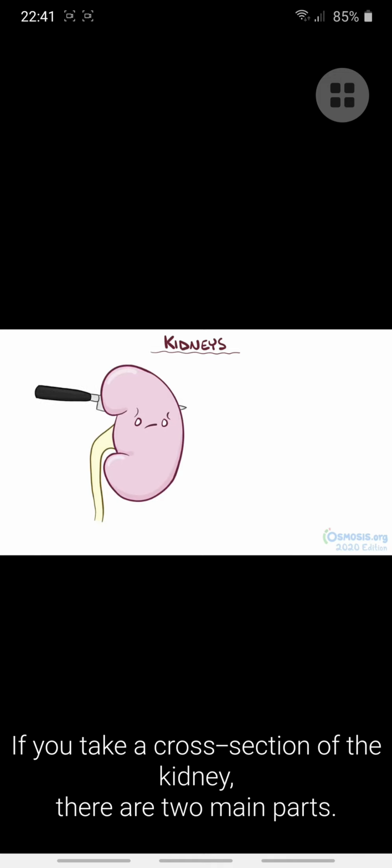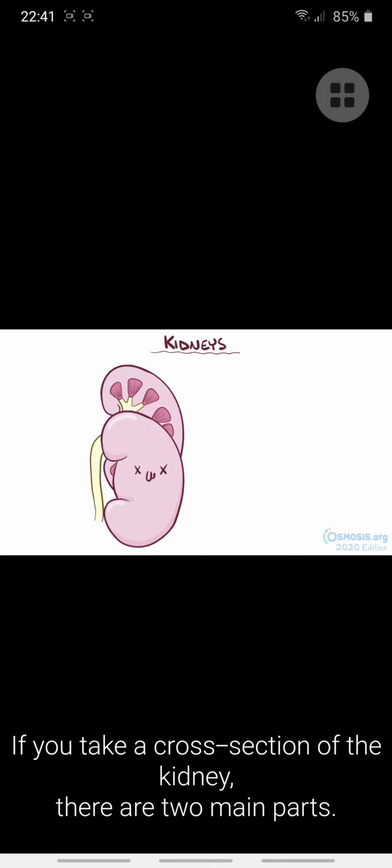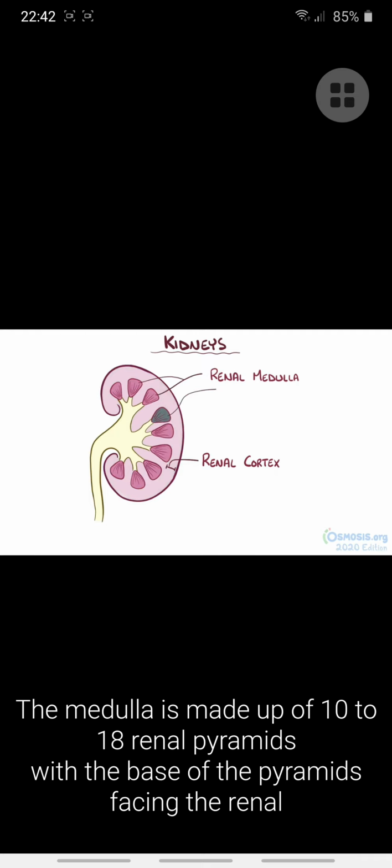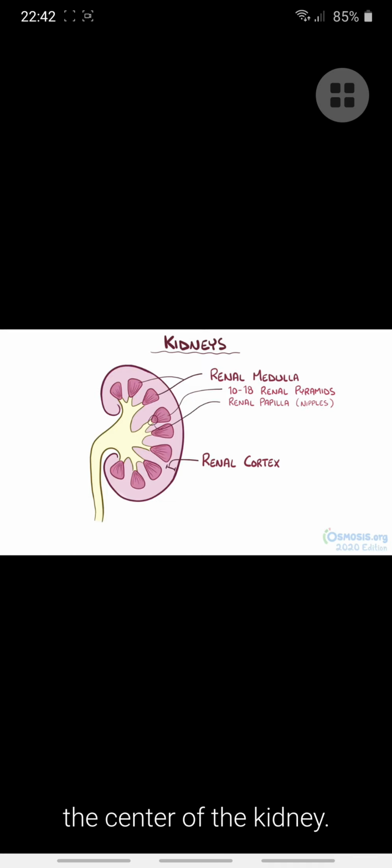If you take a cross-section of the kidney, there are two main parts. The inner portion is the renal medulla and the outside rim is the renal cortex. The medulla is made up of 10 to 18 renal pyramids, with the base of the pyramid facing the renal cortex and the tips of the pyramid, called the renal papilla or nipple, pointing to the center of the kidney.